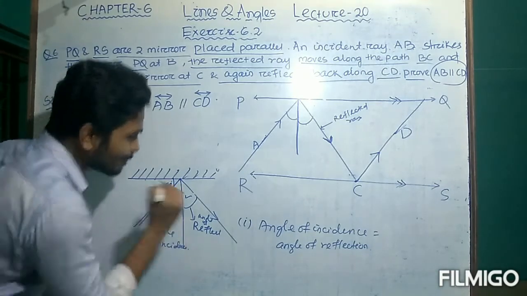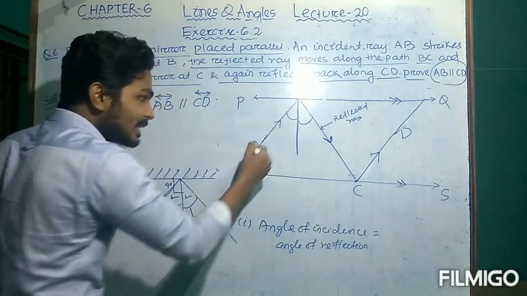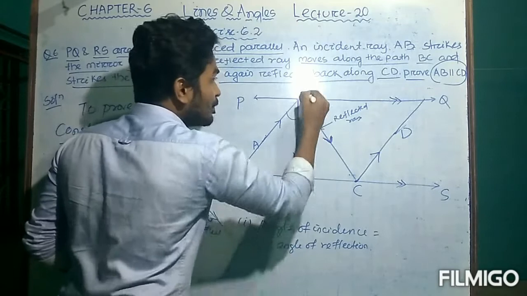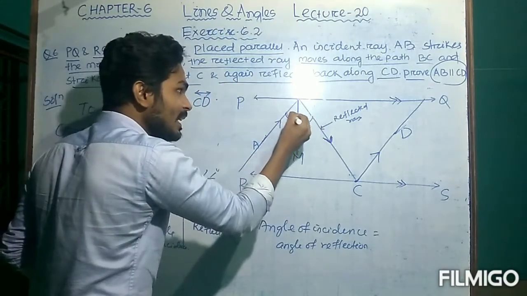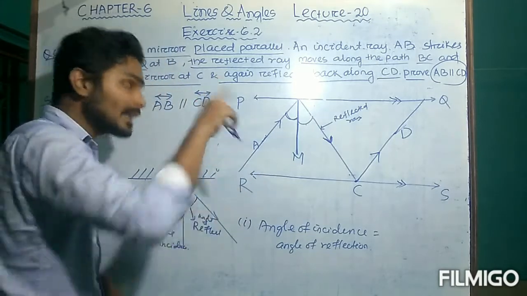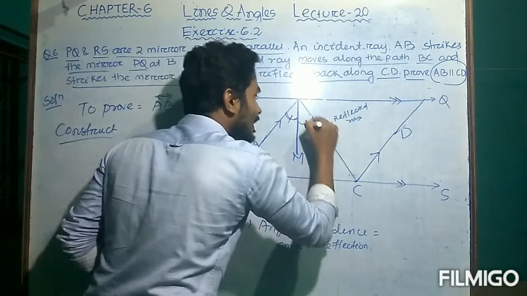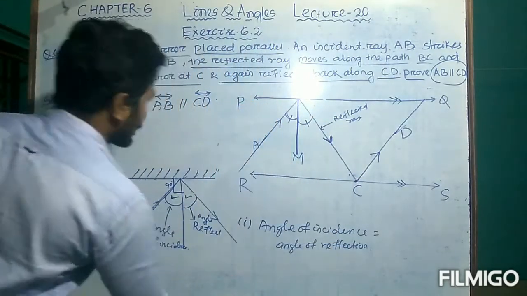So according to the law of reflection, suppose this is M, BM is the normal line. The angle made between the incident ray and the normal line is equal to the angle made by the normal line with the reflected ray. This is the law of reflection.